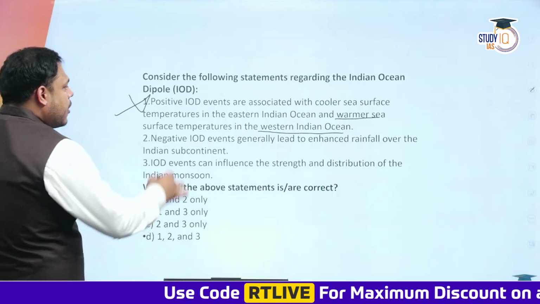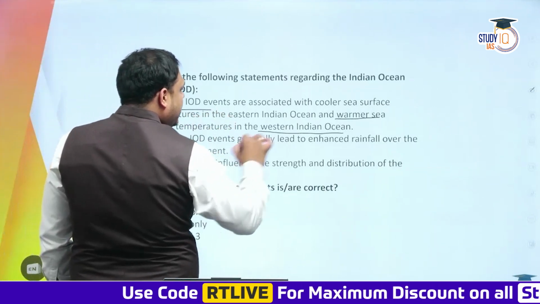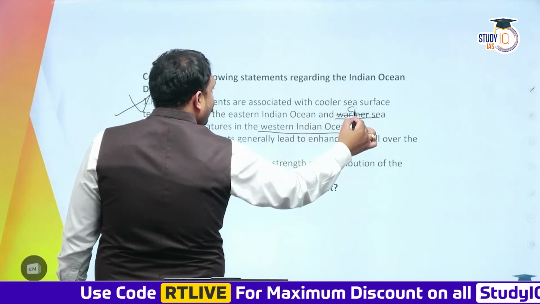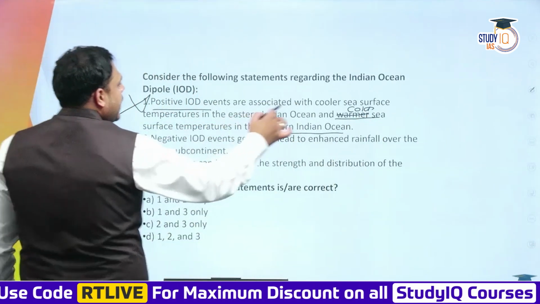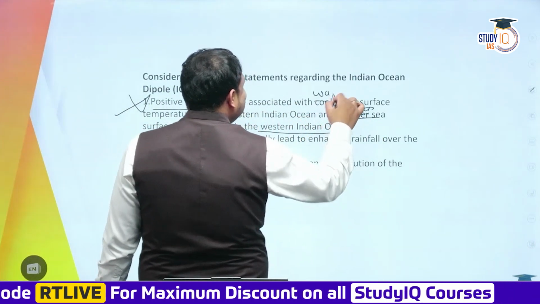व्हाई? बिकॉज पॉजिटिव आईओडी के अंदर देयर विल बी व्हाट? Colder sea surface temperature in the western Indian Ocean and, my dear friends, warmer in the eastern Indian Ocean.